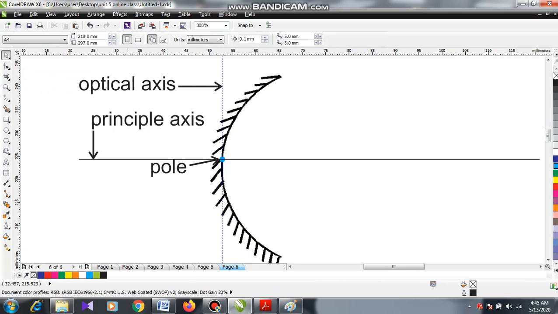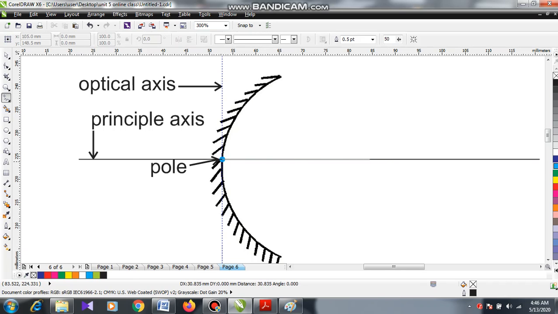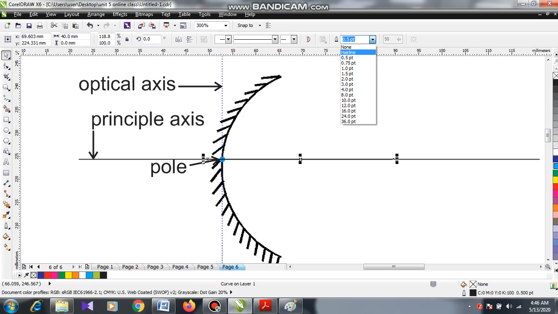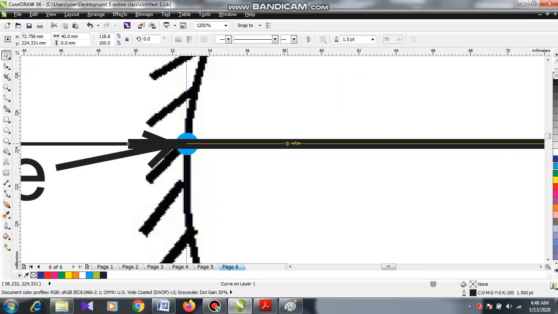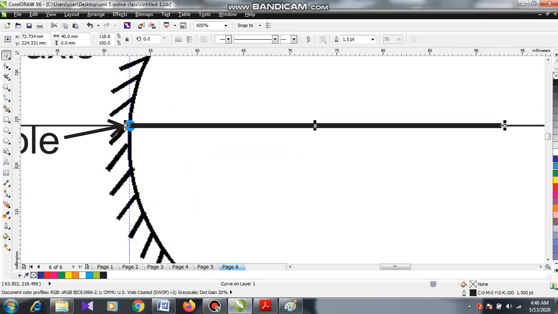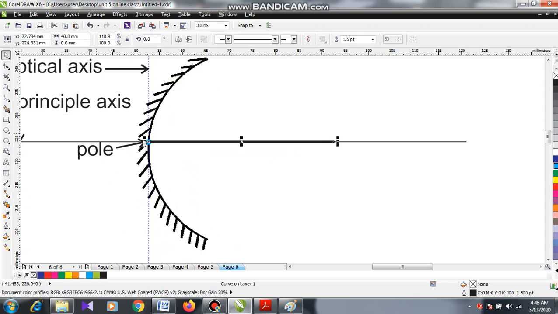The fourth one that I introduce here is at a certain distance. Here I choose 4 centimeters, that is 40 millimeters. At a 4 centimeter distance from the pole, you can take any distance, but my choice is 4 centimeters, or you can choose 2 centimeters.